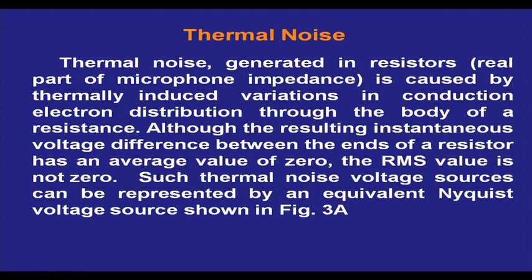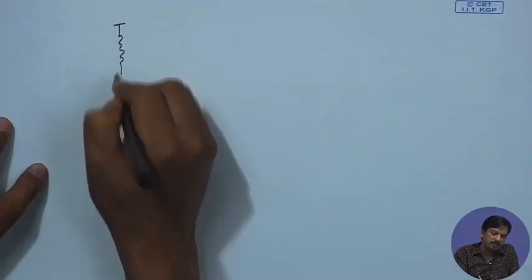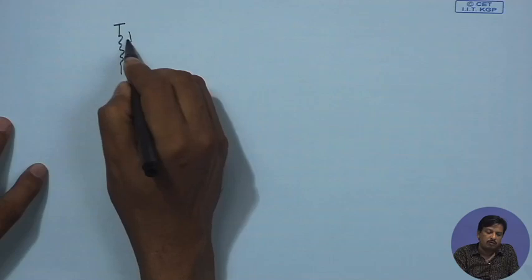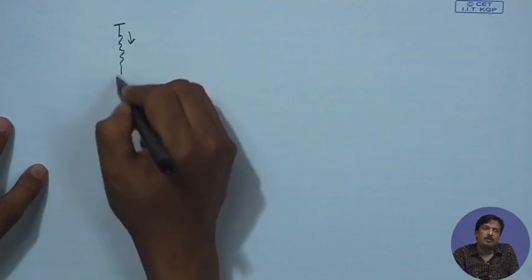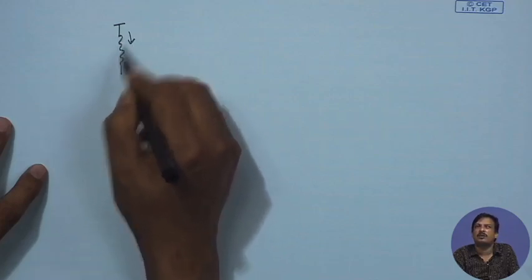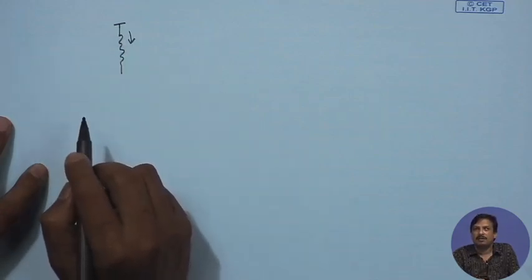Any microphone connected to a preamplifier will have thermal noise. What is thermal noise? If I have a resistance and I flow a current through it, then thermal noise will be produced. The average value of the thermal noise across the resistance may be 0, but the RMS value is not 0.